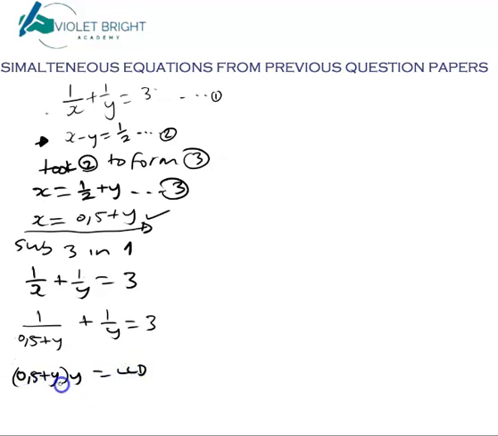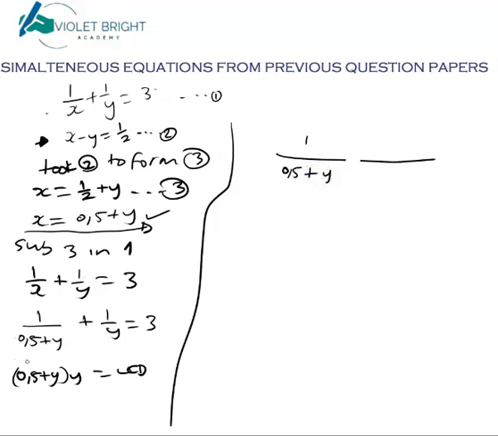It's important for you to note it down, so that whenever you are putting it as a fraction, it will be understandable, and you will know where the denominator comes from. It's this multiplied by this. So our denominator here will be the same. Let me just do this first. It's 1 over 0,5 plus y.